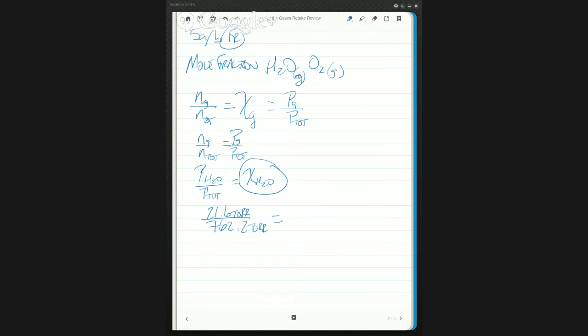And that was equal to 0.0283, and that was the mole fraction. So there's no units for it, of H2O. That's all you had to do right there. We gave you the numbers. This number came straight out of the problem, and this number came out of A. So there's a shortcut here.